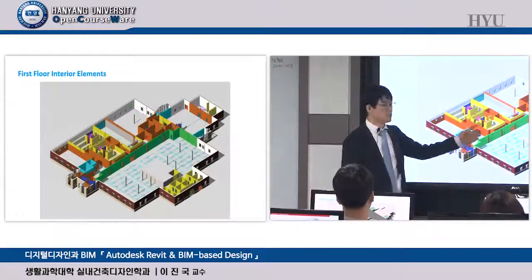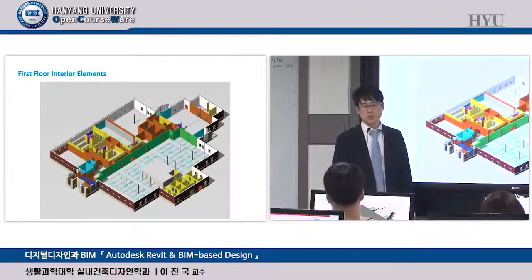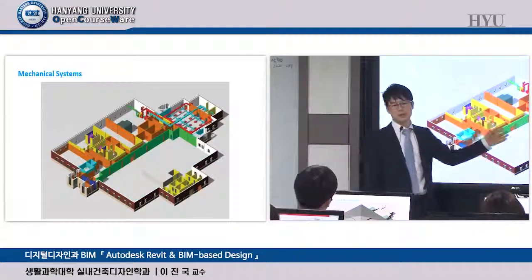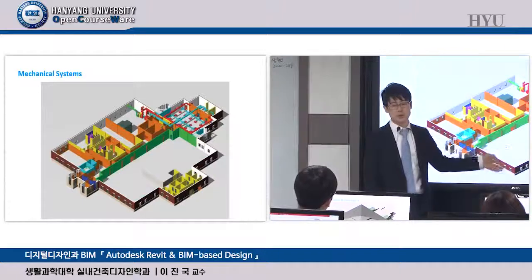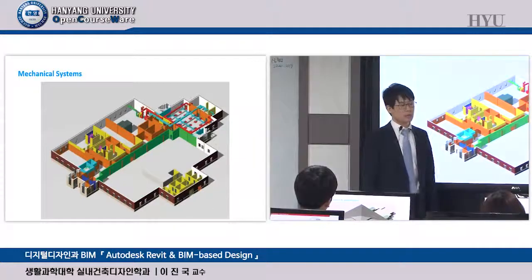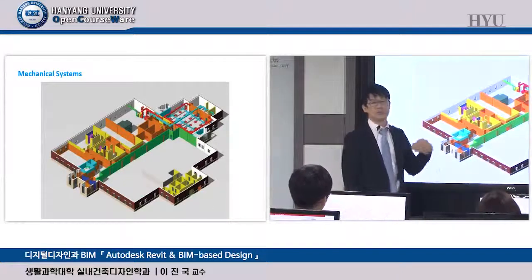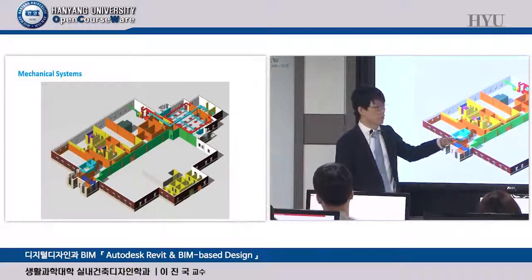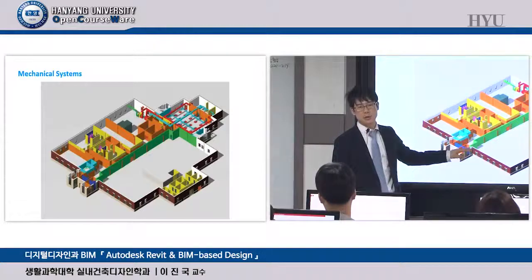It only deals with interior walls and design features, but actually this one doesn't have interior design features or interior components, furniture. But anyway, there is much richer information, lots of information added on top of this single BIM model, okay?